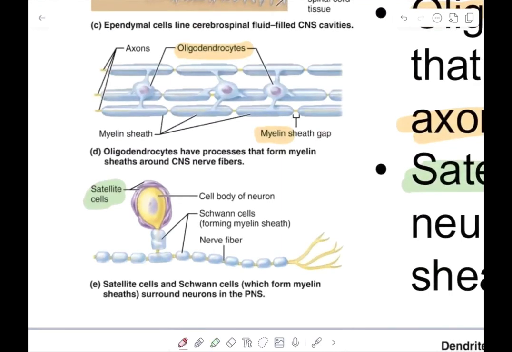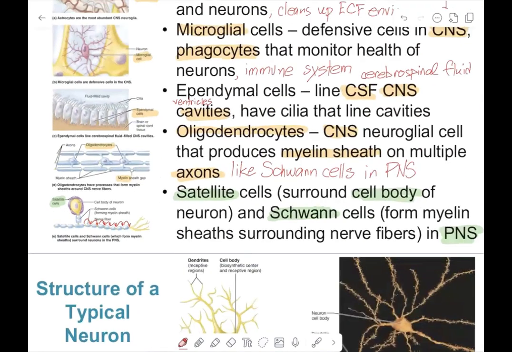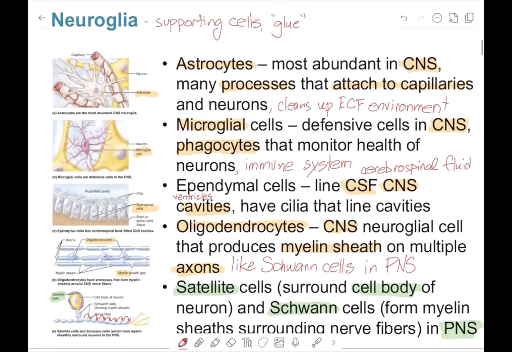And this is super key because they're responsible for allowing what are called action potentials to leap from node of Ranvier to node of Ranvier, which we're going to talk a lot about throughout this chapter.